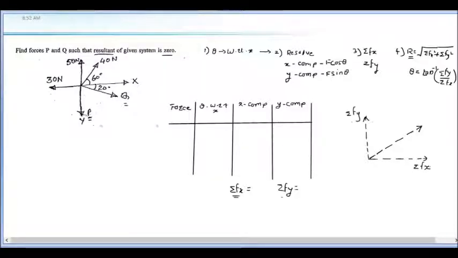It means that instead of these two forces we have replaced them by one force, and that is nothing but R. This way we reached the resultant and its inclination.